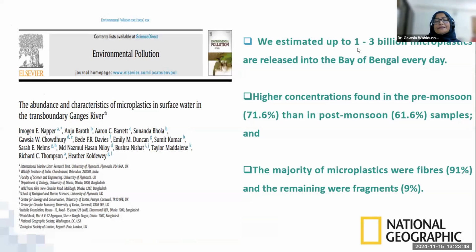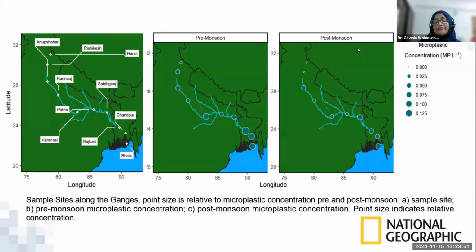And also we estimated that every day in the Ganges, the Brahmaputra Meghna River basin, 1 to 3 billion pieces of microplastics are released every day.